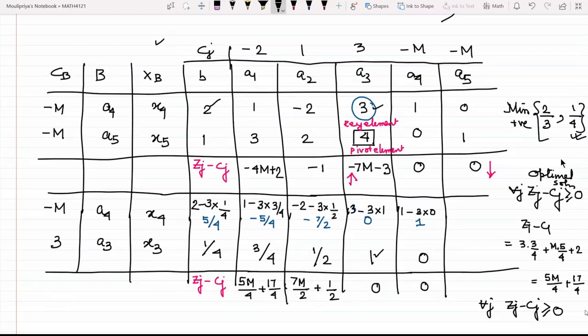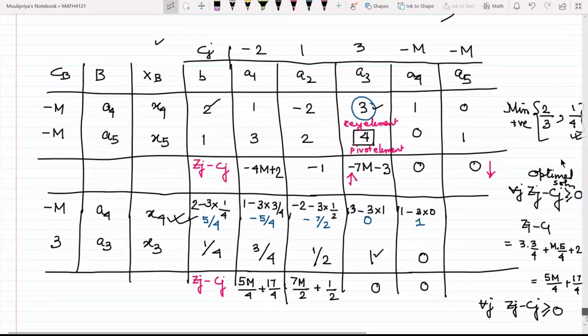Right? In the problem, what is actually x4? X4 is in true sense an artificial variable, right? But this artificial variable x4 is still in the basis at positive level.